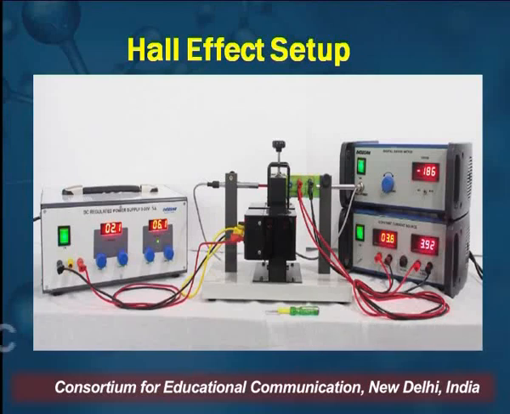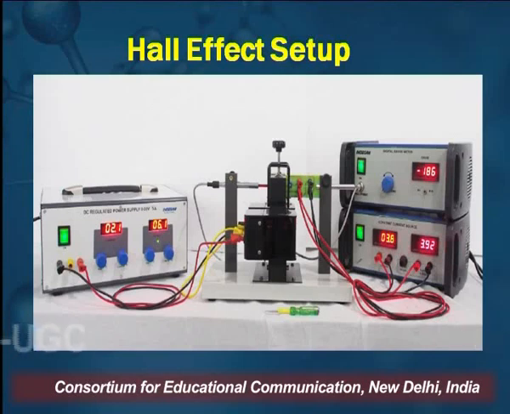Now on the left hand side there is a constant current supply to the electromagnet to charge these electromagnets and produce the magnetic field. This magnetic field can be adjusted by changing the current, and that can be measured through the probe. On the left hand side we also see a rod type of arrangement that plays between the electromagnets.